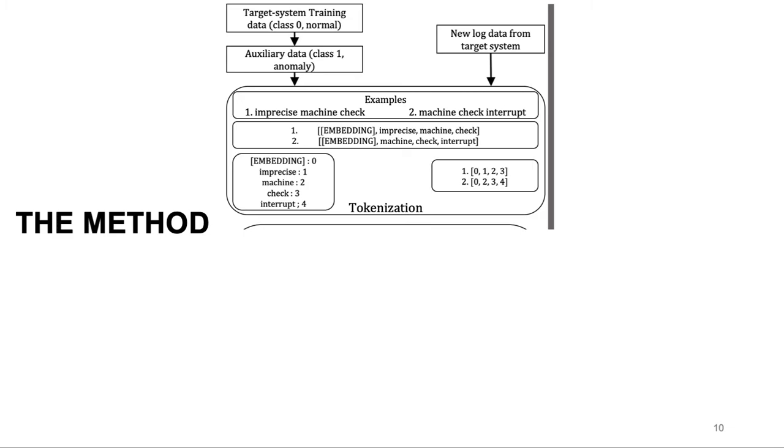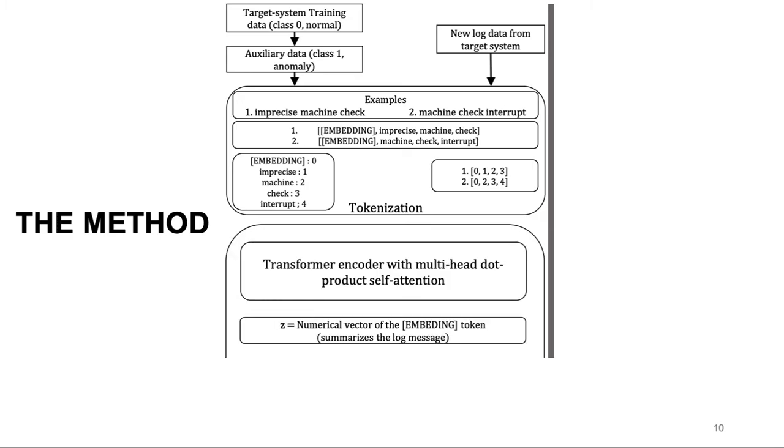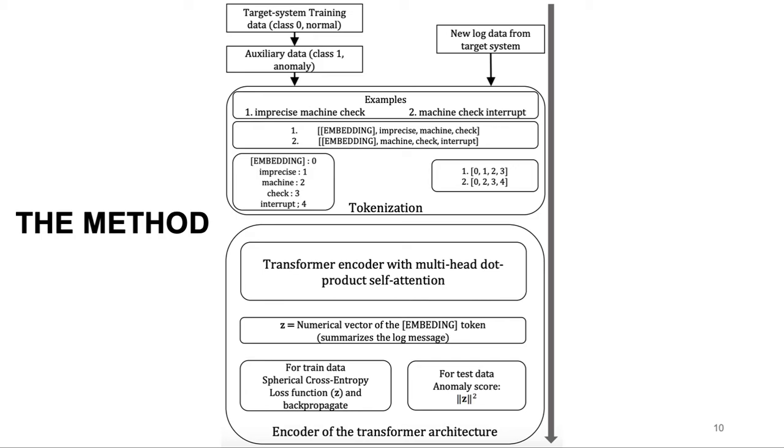From the tokenization, the next step is that these tokenized words go into the transformer encoder, which is this function phi, which I explained. I will not go into detail, but the outcome of this neural network is z, which is the numerical vector of this embedding token that was added. You can imagine that this transformer network just transforms your log into a p-dimensional representation, which is z in this case. And with this, we transform the log into a space, so we have a numerical representation of the log.